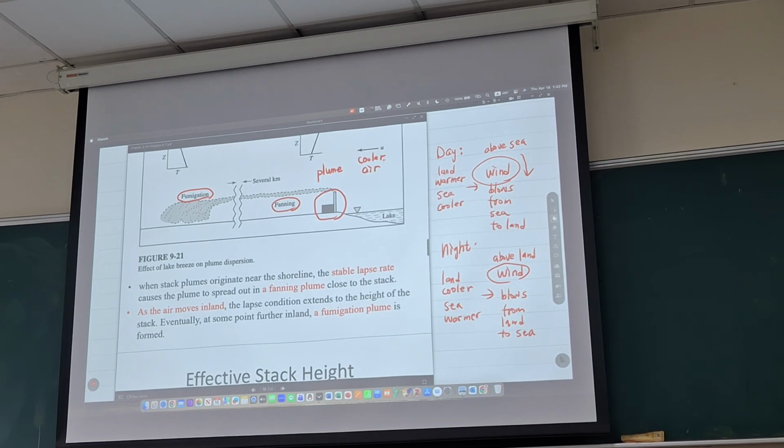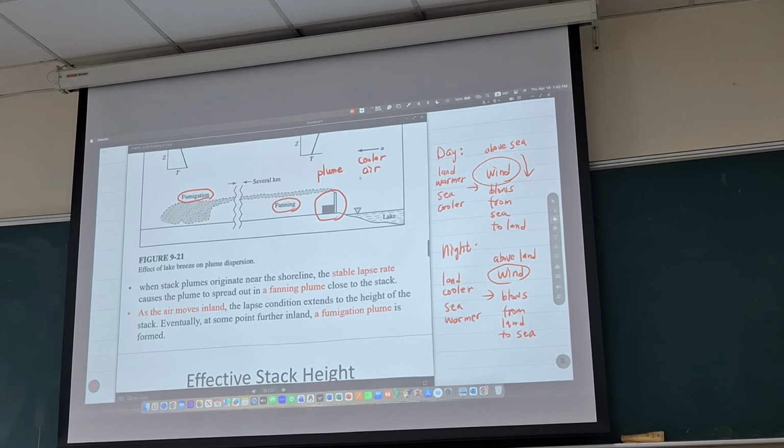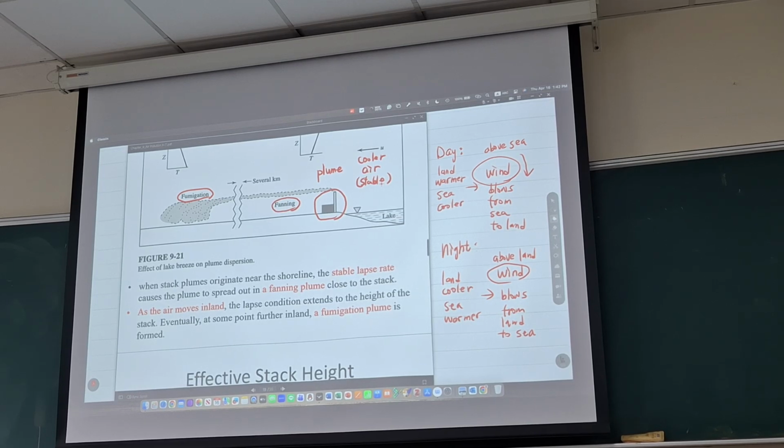Cooler air above the lake is usually stable, and the vertical mixing is weak.